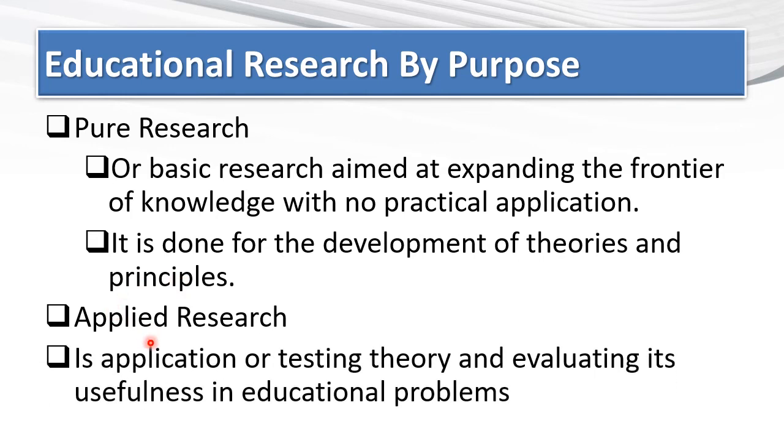In applied research, it deals with the application of theories and evaluating their usefulness. Recall I said in pure research, it's just about the development of theories, while in applied research, it's now the application of those theories from this pure or basic research.